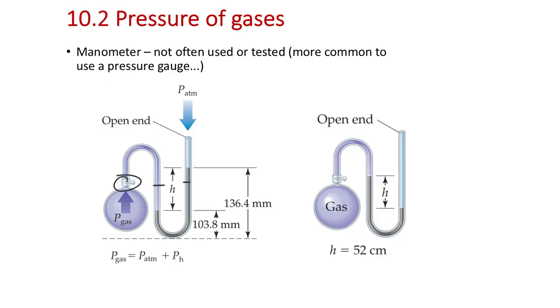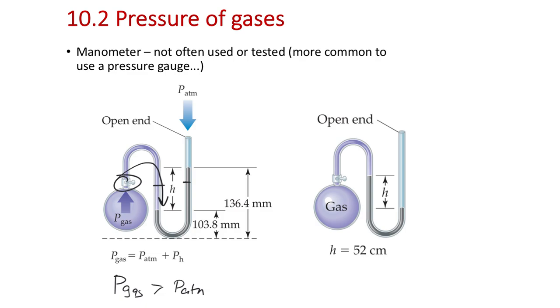The second thing you can see is what we see in the first panel, which is the pressure of the gas is above atmospheric pressure. So here our gas pressure is greater than atmospheric pressure. We can see that because the gas sample has pressed the column downward on the side connected to the gas. That just means the pressure of the gas is greater than atmospheric pressure.